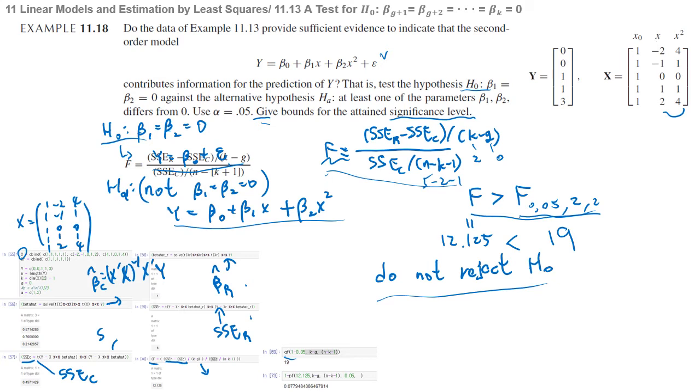In the problem it always says give bounds, but probably in the example, I would say attain the significance level, which is calculating the p-value. So you can just calculate the p-value using R commands like this.